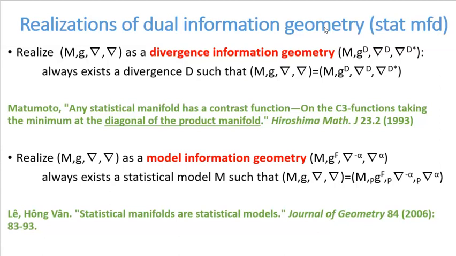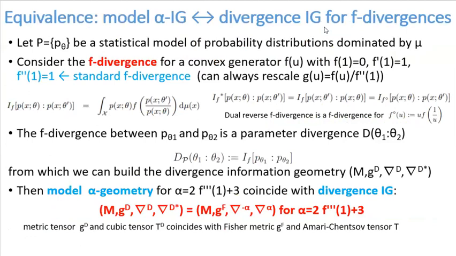It says that any statistical manifold has a contrast function, so it means a parameter divergence, right? And also what we know is that if you have this dual structure, you can also realize it by model information geometries. This means that you can find a statistical model so that the alpha geometry of this alpha model will get this dual structure, right? And this is a more recent result in 2006. Okay. Wow, so this is basically saying that models can always be used.